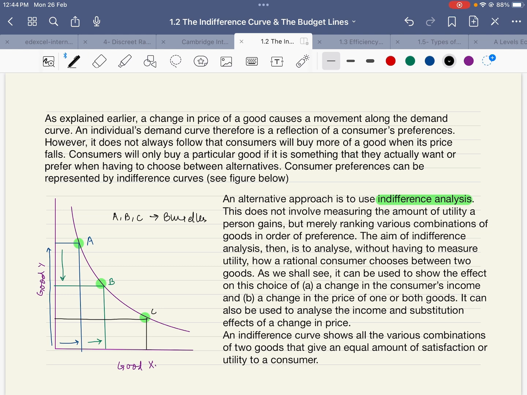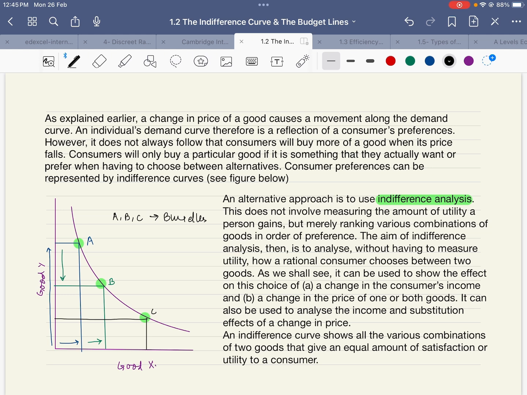But do we talk only about one indifference curve when we are talking about one consumer? No, we talk about various indifference curves. The indifference curve basically slopes downward, and it indicates that a fall in quantity consumed of one good is accompanied by an increase in the consumption of the other good.